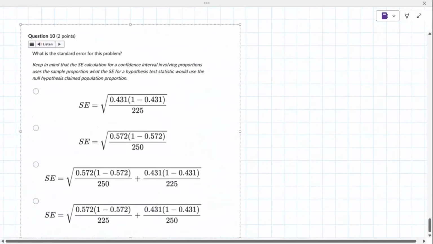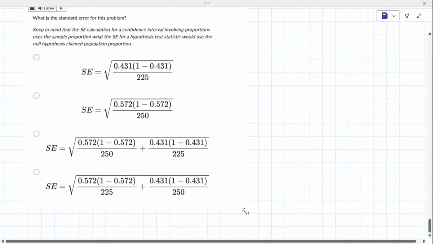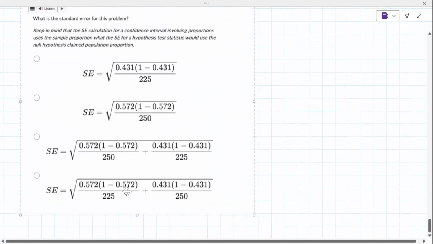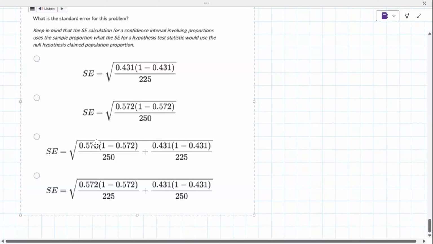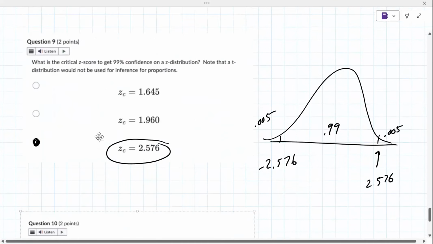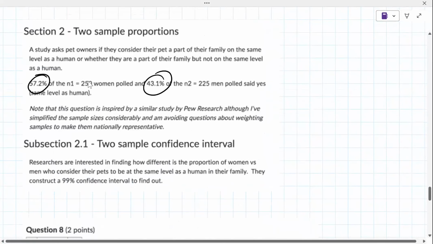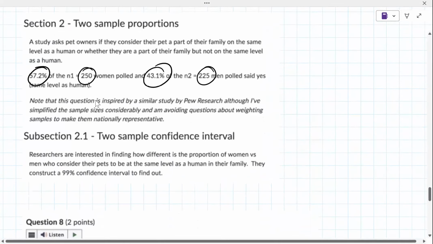All right, we got number 10 here. We actually did this in the previous problem, our homework set, although this instructor formatted the answer slightly differently. We need to go back and find our samples. So it's 250 for women, 225 for men.